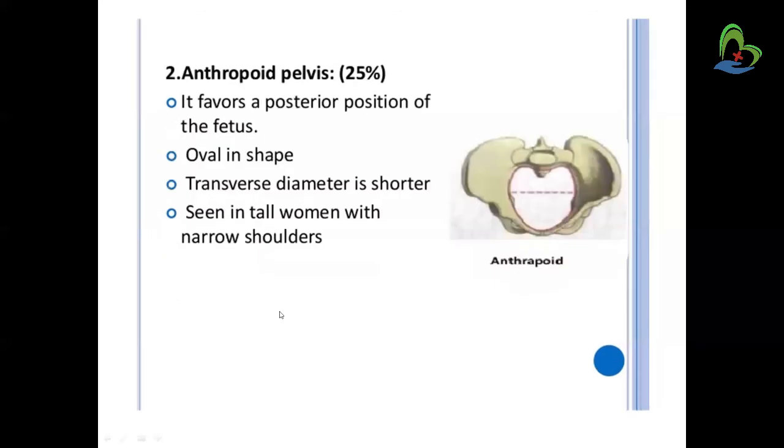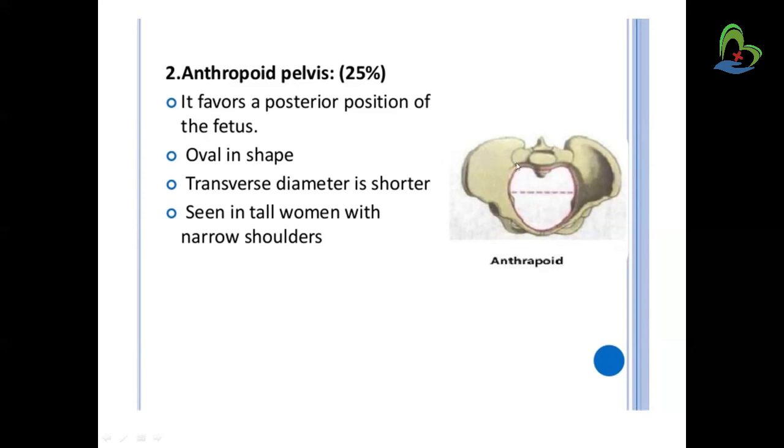Now the anthropoid pelvis is found in about 25% of females. It favors a posterior position of the fetus. Here is the symphysis pubis bone, and imagine there is a baby in a posterior position. The baby's vertebral column will be facing the symphysis pubis.